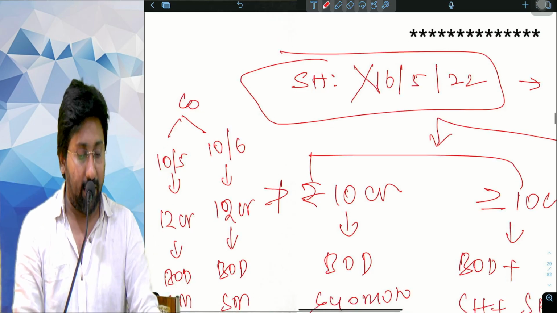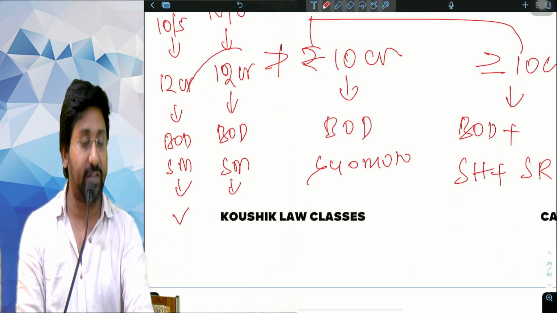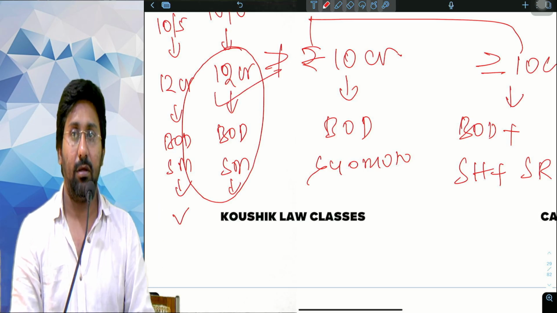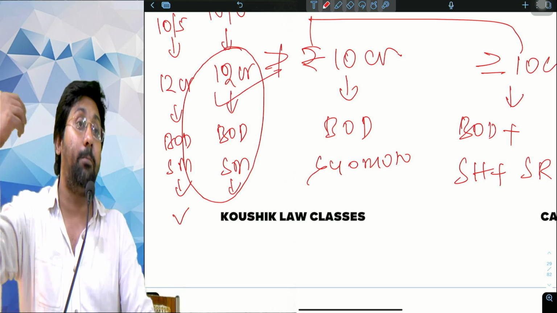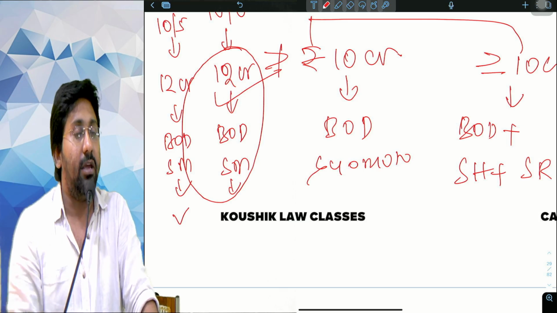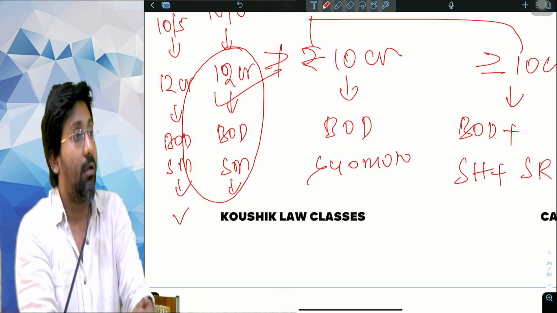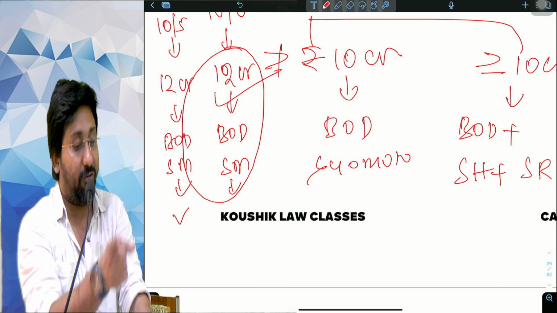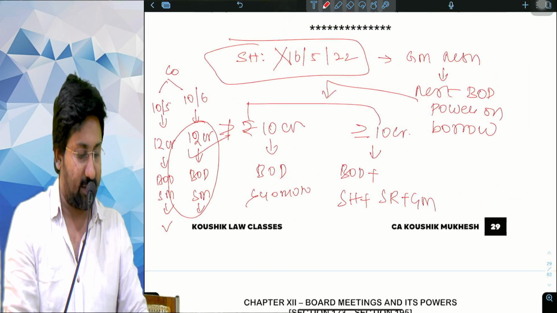Prospectively only. Borrowings made in contravention after that particular resolution only will become invalid. Clear or not, everyone? That means any transaction done prior to the imposition of the regulation will be affected or not affected? After that regulation is imposed, if any contravention is committed, for that the regulations will apply. Clear?